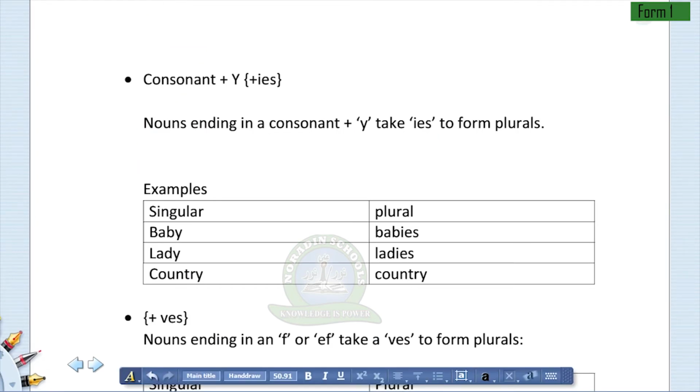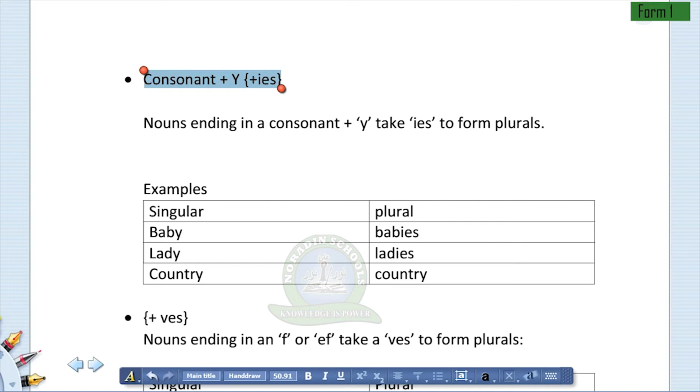Well, there is another group of nouns that end in y, where we change y to i and add es. These are nouns with y preceded by a consonant.